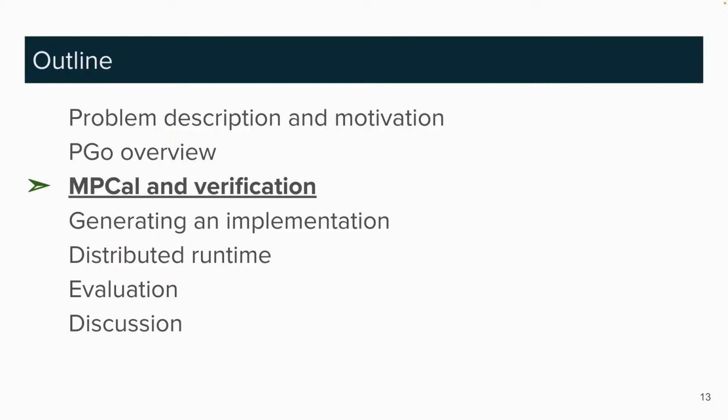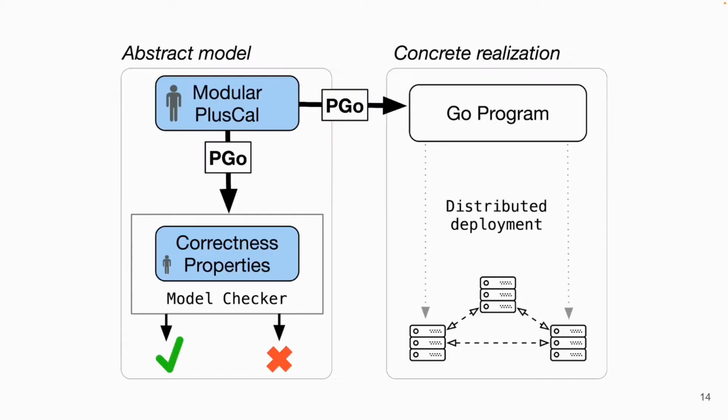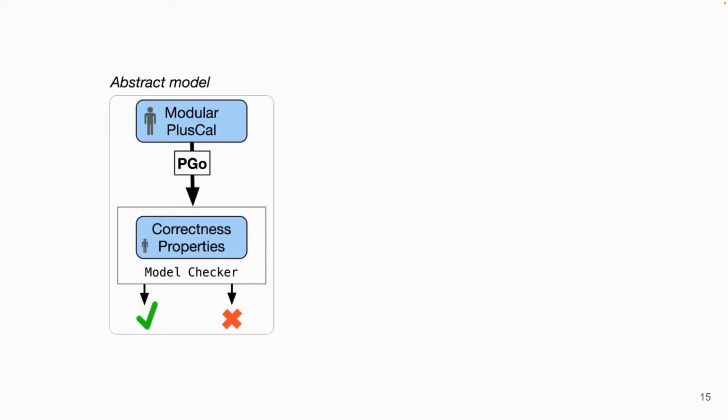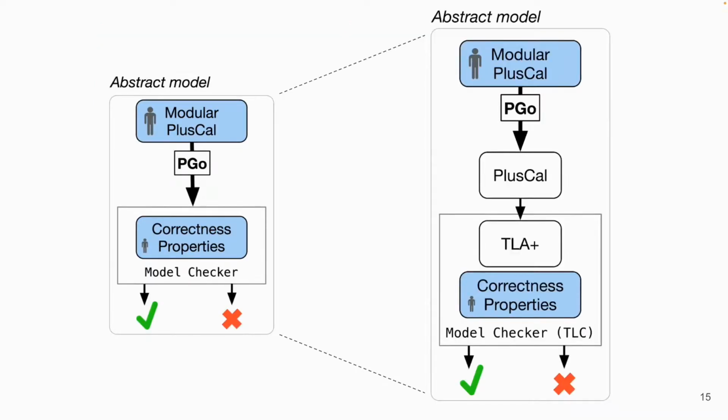Next we talk about the MPCal language and verification. Here we see the same diagram as before, and we're going to focus on the left part. If we zoom into this, we would see the figure on the right.